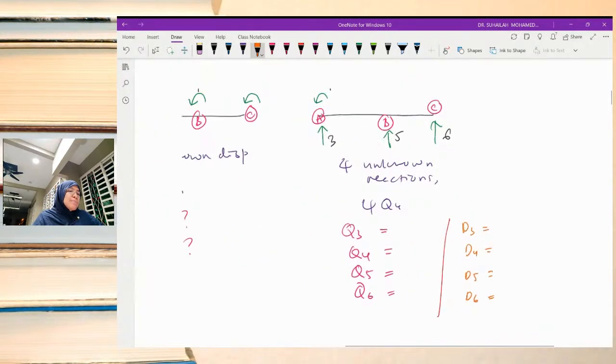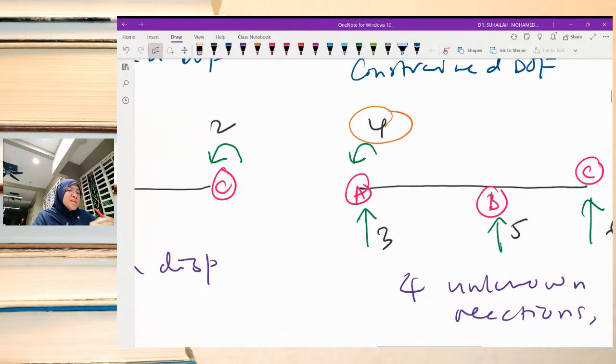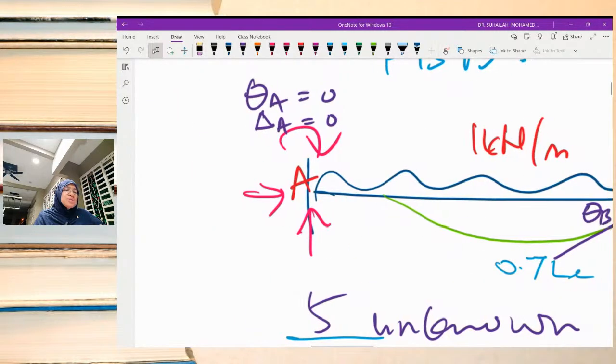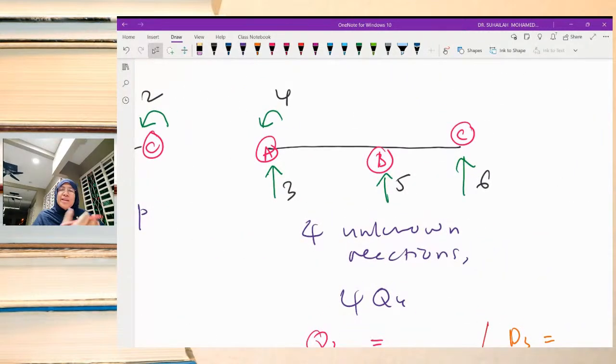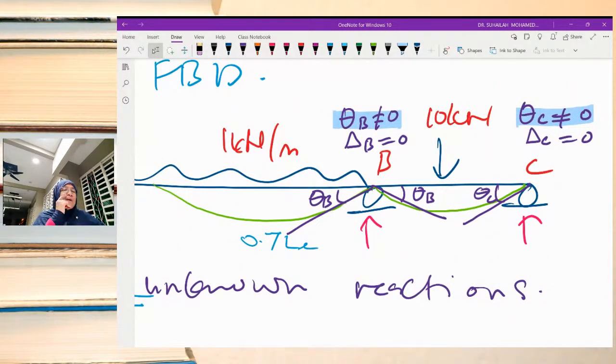Based on the label that we use, D4 is the rotation at A, and D3 is delta at A. D5 is theta B and D6 is theta C.